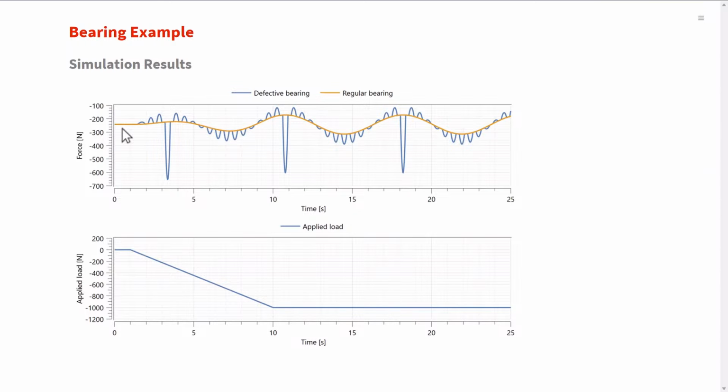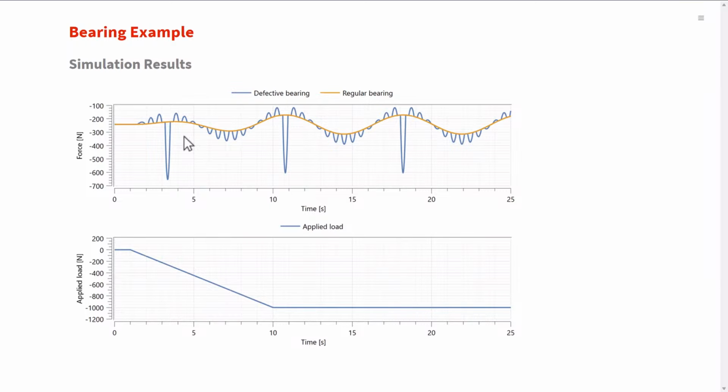For the regular bearing, the force applied by the outer cage fluctuates periodically with the roller's rotation, increasing as the roller descends and decreasing as it approaches 12 o'clock. The defective bearing exhibits a similar pattern, but with additional peaks due to the defect.